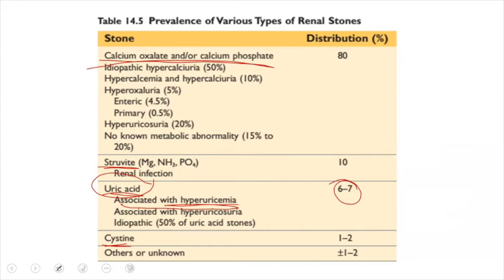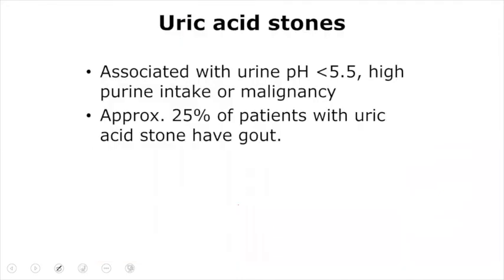So let us discuss uric acid. Uric acid stone is associated with acidic urine pH. So patients who have acidic pH have a predisposition to develop a uric acid stone as compared to normal individuals, right? So let us talk about uric acid stone. It is the third most common stone.